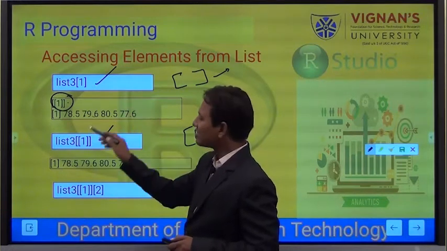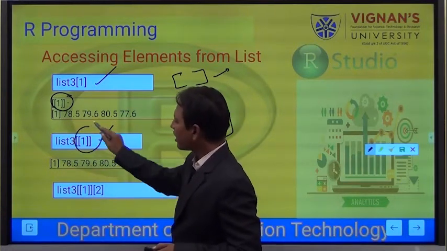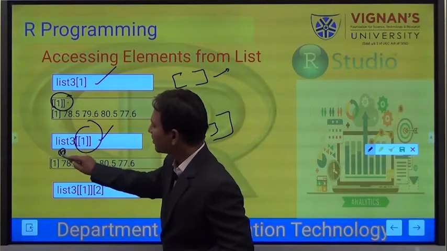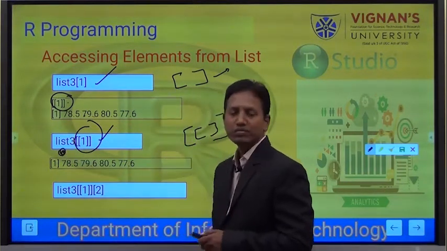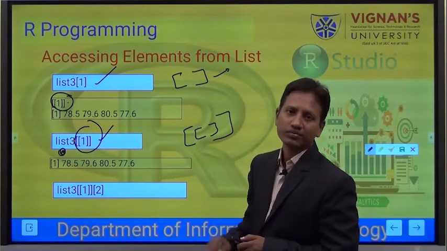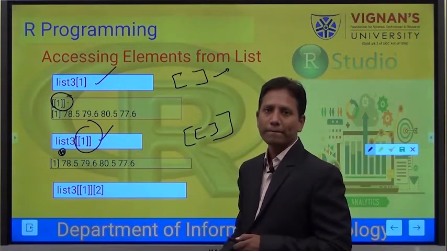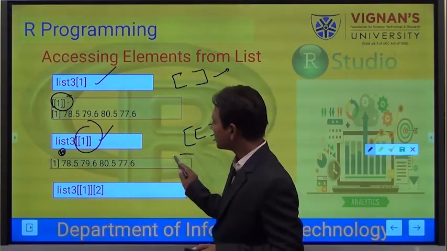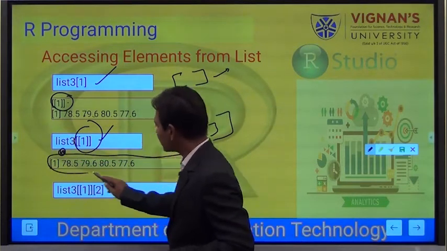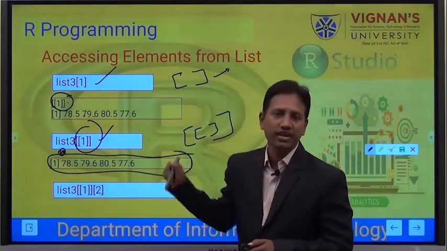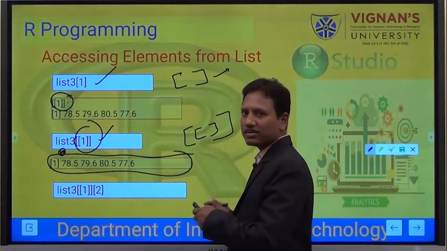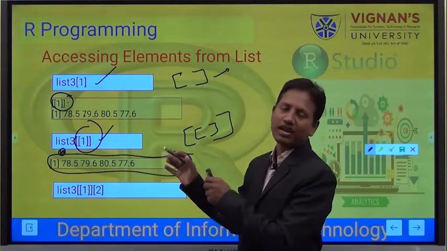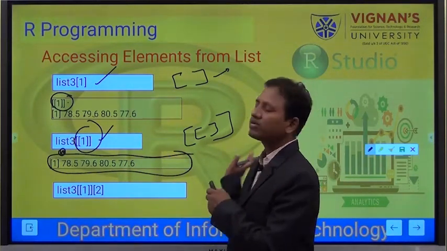But when I access this double bracket 1, there is no indexing here. If you observe, there is no double bracket 1. In the sense, this is an independent vector which is present in that list 3, and that we have grabbed out of that list and we are storing it into another variable.